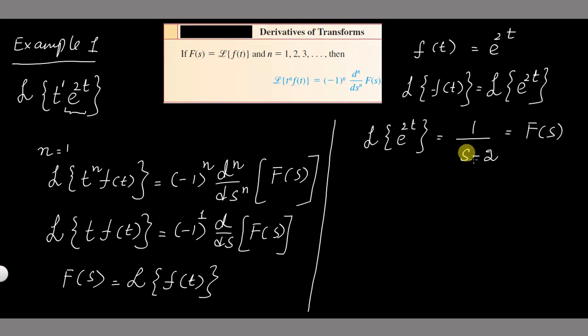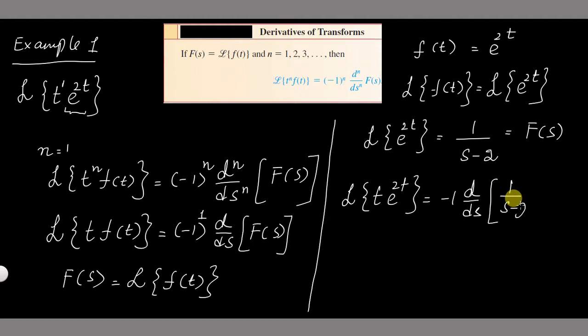Just replace this value of F of s in this particular question: the Laplace transform of t e raised to the power 2t is equal to minus 1 d over ds of F of s. And what is F of s over here? That is 1 over s minus 2. Just find the first derivative of this function. We can easily find the derivative by using the power rule, since we have s minus 2 raised to the power minus 1.